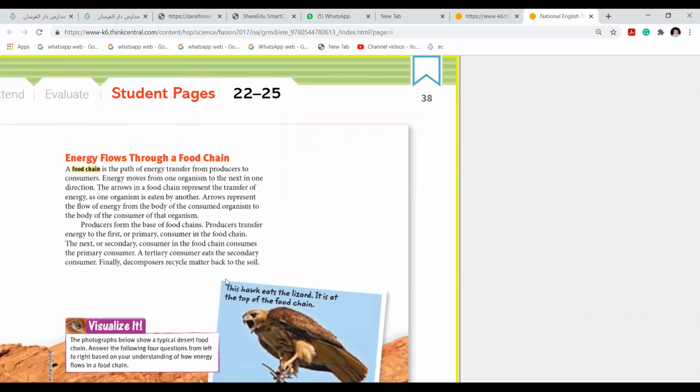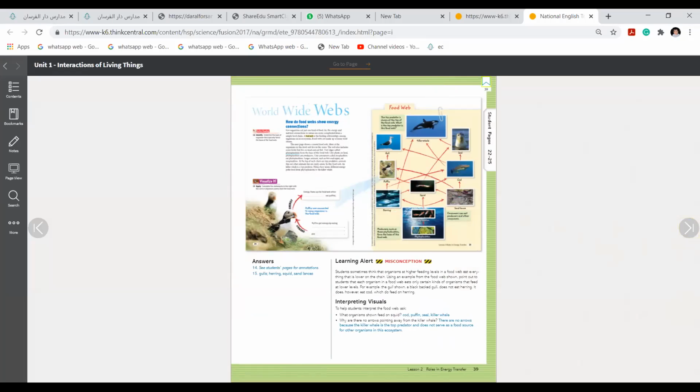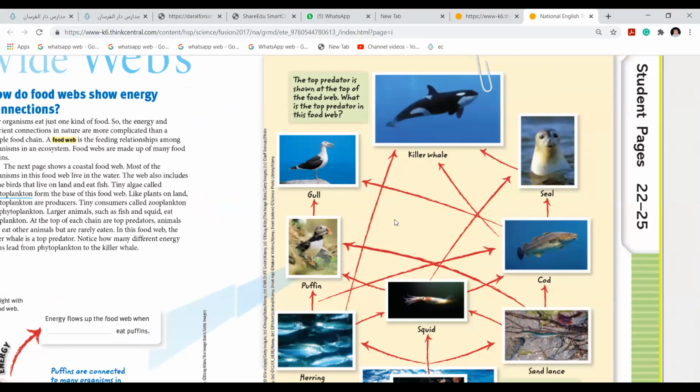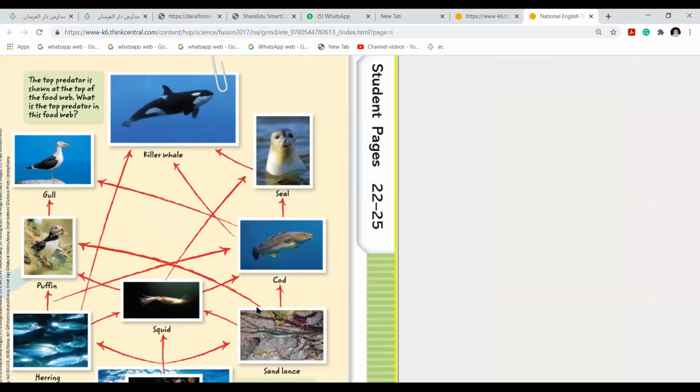Coming to the food chain, it's a path with arrows showing where energy is transferred from producers to consumers. They show the plant is eaten by this animal, with an arrow meaning eaten by. And this is a food web, where you have so many connections, so many feeding relationships among organisms in an ecosystem.